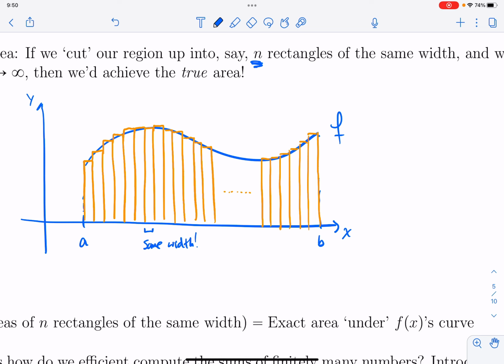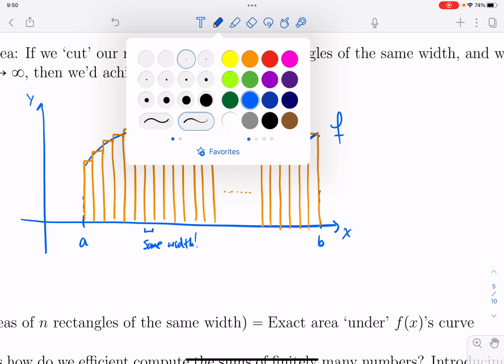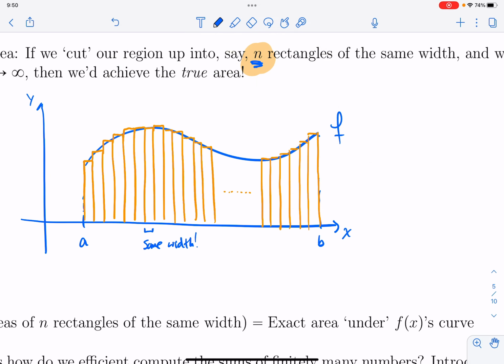And remember the width formula that we had, right? So we have, in this case, we're working with n rectangles. So the width is going to be right endpoint minus left endpoint over the number of rectangles you're working with. And we're going to give this a name. We're going to call this delta x.